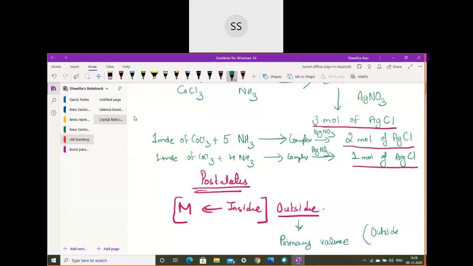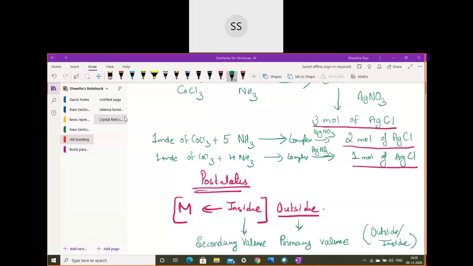The outside ones can sometimes also be present inside. For temporary naming, I will call the outside ones primary valences, but it need not always be outside. It depends, and I will tell you later.